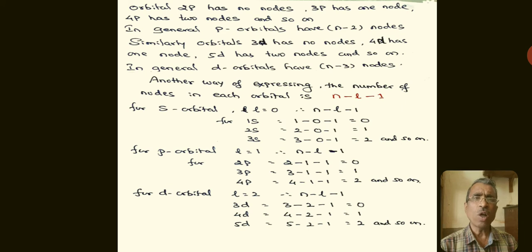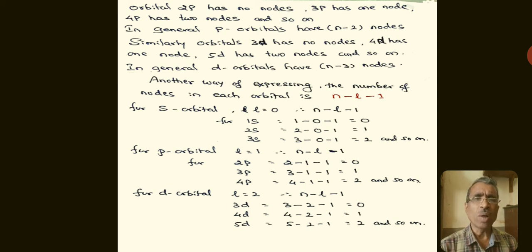For 1s orbital, the number of nodes is 1 minus 0 minus 1, that's equal to 0. 2s orbital has one node, 3s orbital has two nodes and so on. For p orbital, l is equal to 1. So the p starts from 2p. Therefore, 2p has 0 nodes, 3p 1 node, 4p 2 nodes and so on.